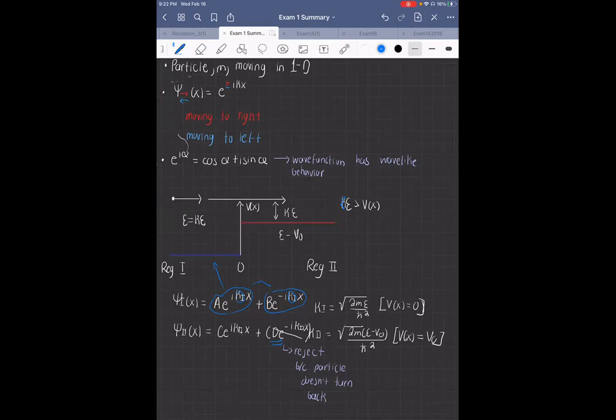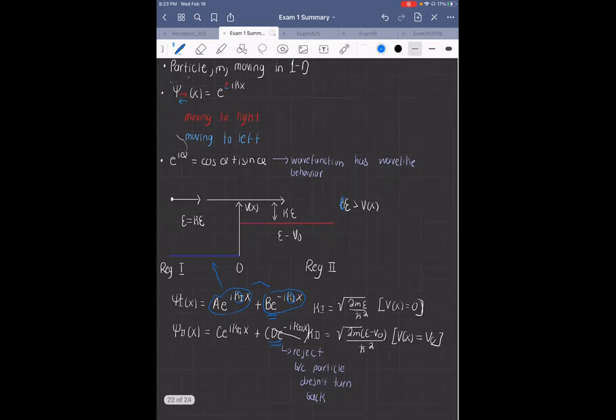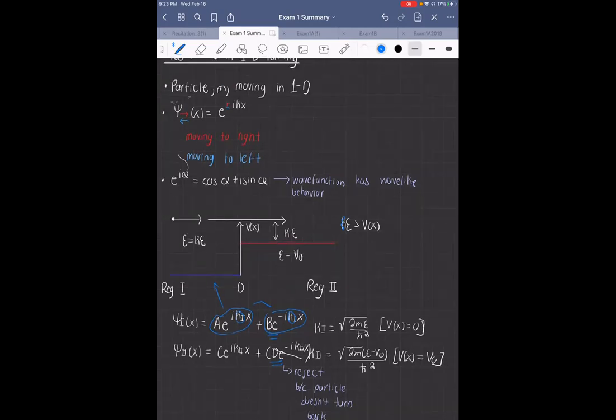It has a probability of going back, which is why we have this term. The wave function to the left is described by this negative i kx, and this one is going to the right. Are you 100% with that, guys? Yeah, okay, I see the left and right now.